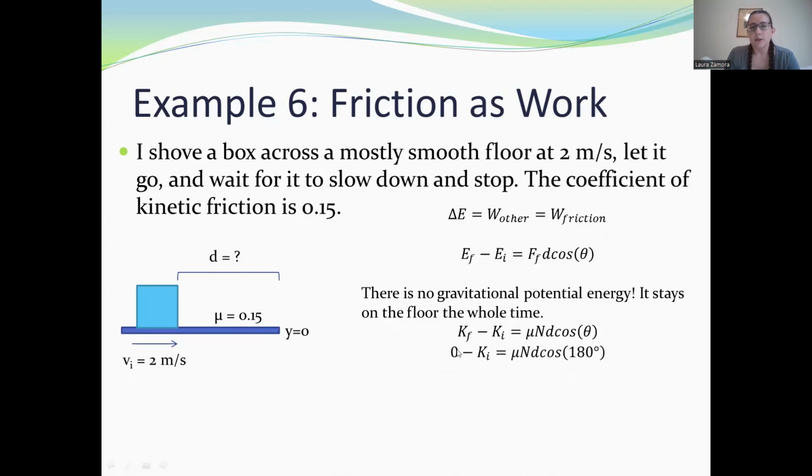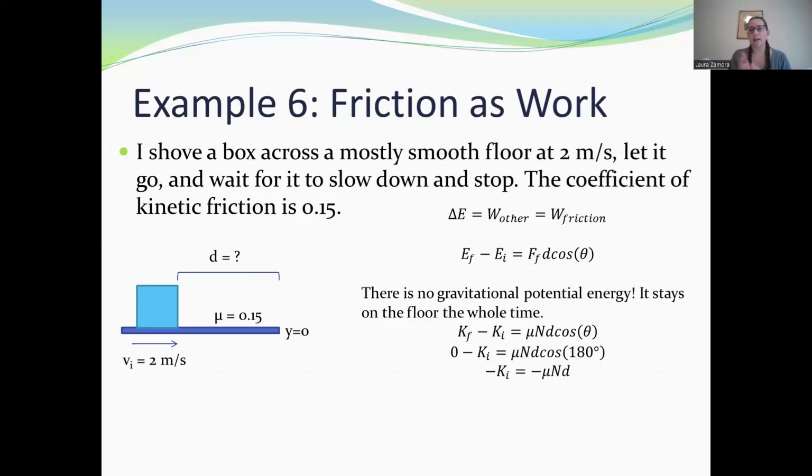The final kinetic energy is 0 because it slows down and stops. Once it has stopped, it's no longer moving, the speed is 0, so the kinetic energy is 0. The angle between the friction and the direction of motion: remember, friction opposes motion, so they're at an angle of 180 degrees from each other.